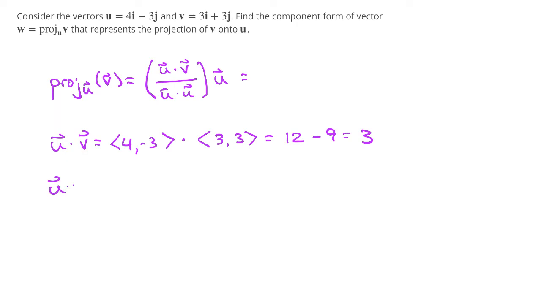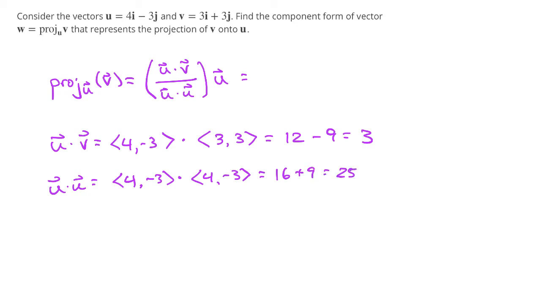For our u dot u, we have 4, negative 3, dotted with 4, negative 3, which gives us 16 plus 9, or 25.